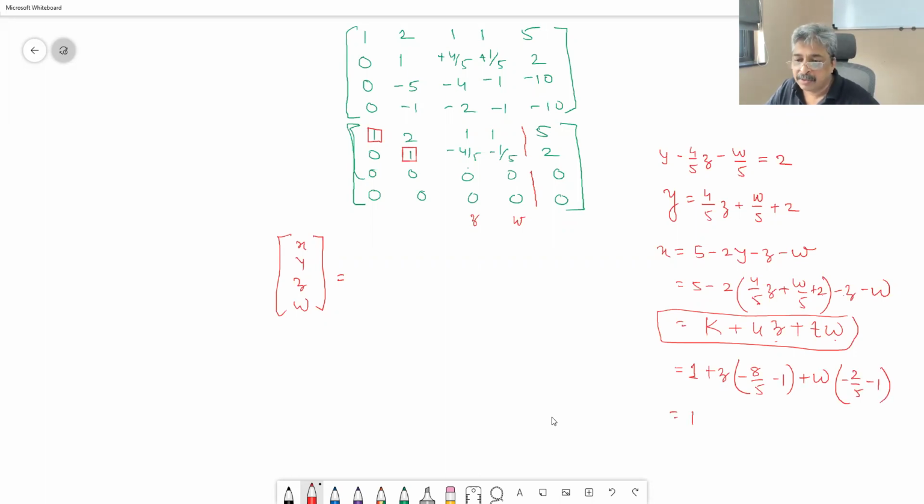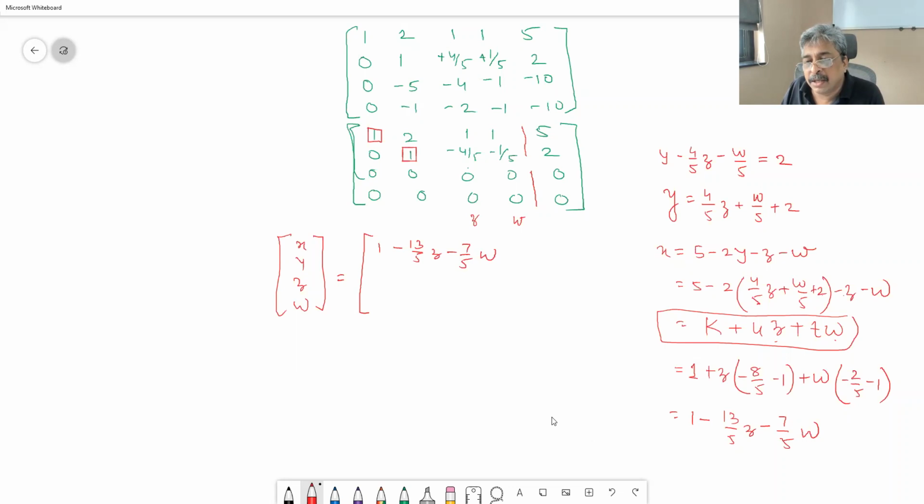That makes it 1 minus 8 and 5 13 by 5z minus 7 by 5 w. Okay, so x is equal to 1 minus 13 by 5z minus 7 by 5w.